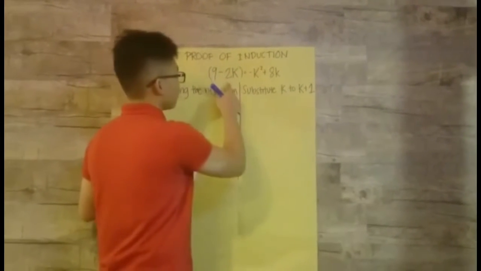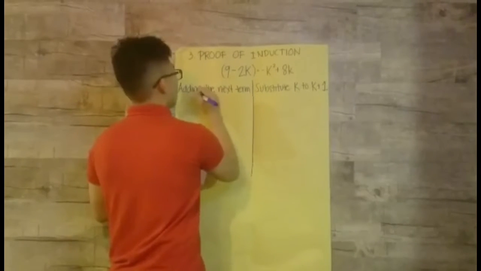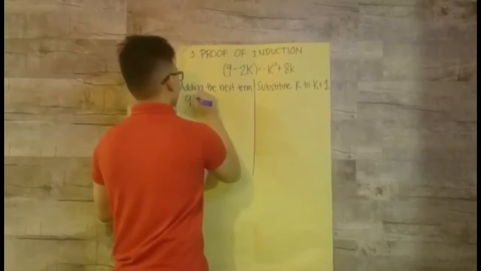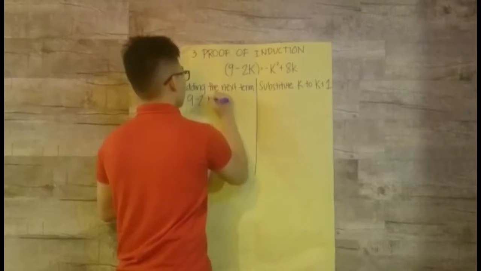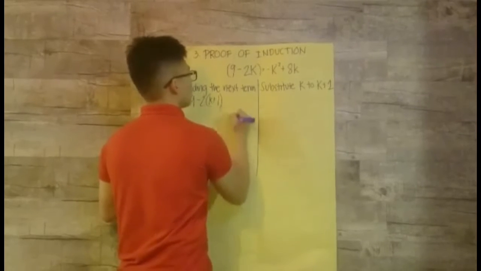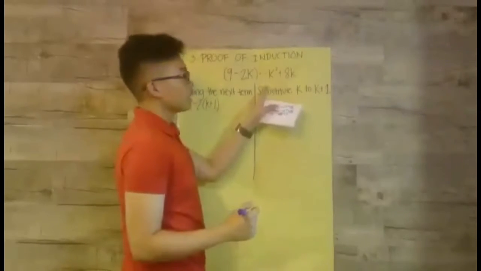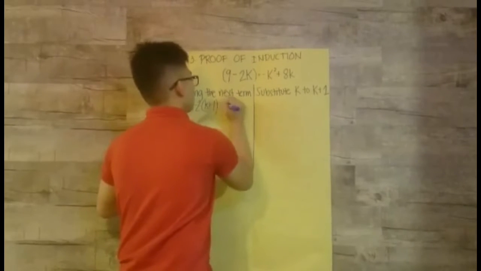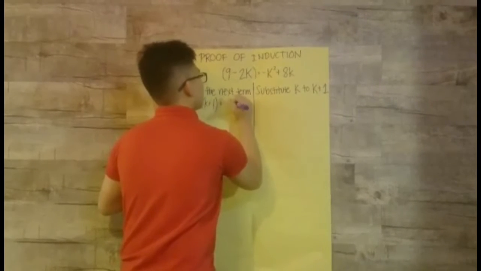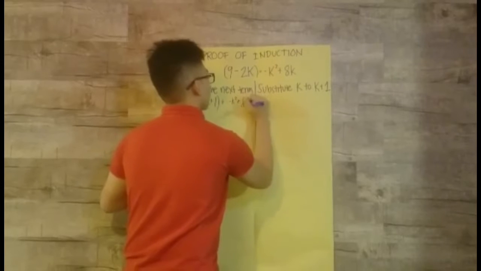So the next term is 9 minus 2 times k plus 1. Then you will add the remaining negative k squared plus 8k.